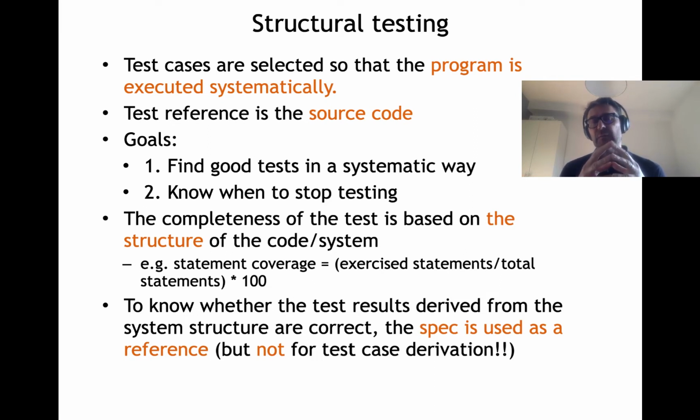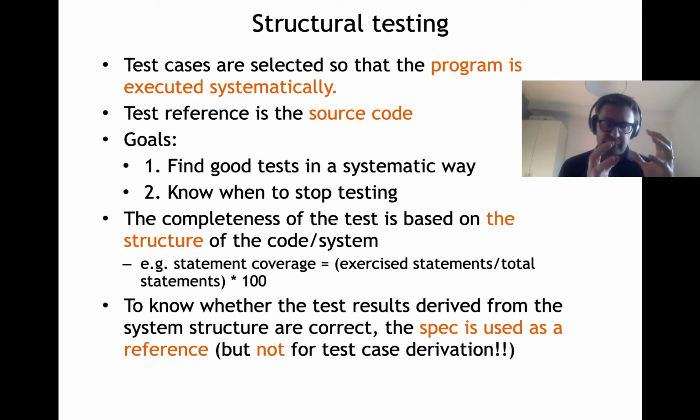We focus on executing all parts of the program. So we create test cases in order to hit all parts of a program. Depending on how we define hit or covering parts, what are the parts that we consider, we get different types of coverage-based testing or structural testing.